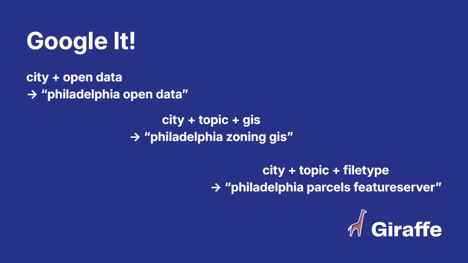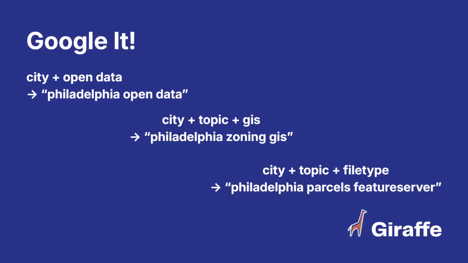Or you can get really specific and search for a file type. So my example is the Philadelphia parcels feature server. That'll probably bring you directly to that API endpoint for the feature server. But I could do the same thing where I'm like, I want the Philadelphia building outlines shape file and type that in, and I'll probably find exactly that based on those keywords.